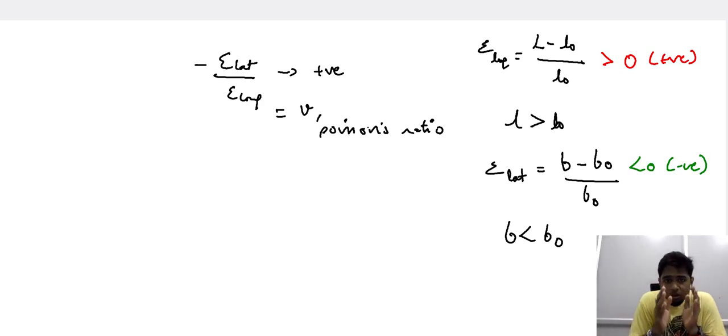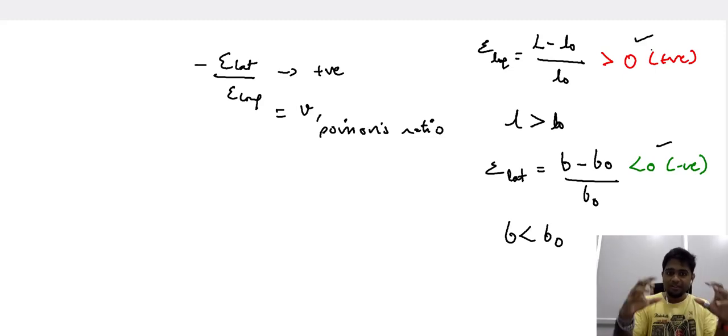Now we saw that in most cases the change in the dimension along the lateral direction is opposite to the change along the longitudinal direction, meaning along the longitudinal direction the dimension increases, whereas in the lateral direction the dimension decreases. Now when we express the longitudinal and lateral strain as it is, the lateral strain would assume a negative value and the longitudinal strain would assume a positive value.